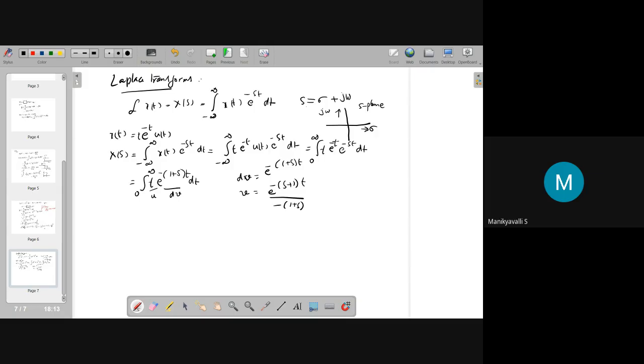Right. So using this formula, the integral of U dV equals UV minus integral of V dU.